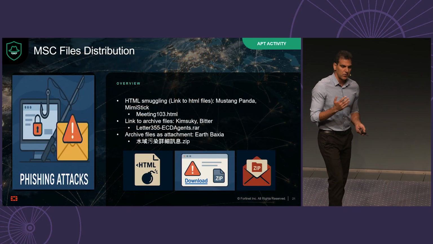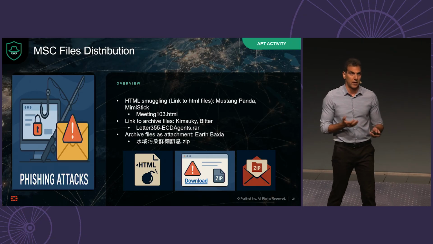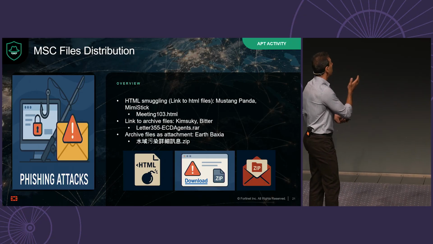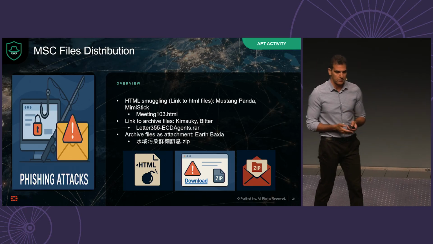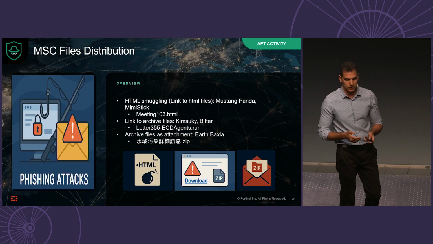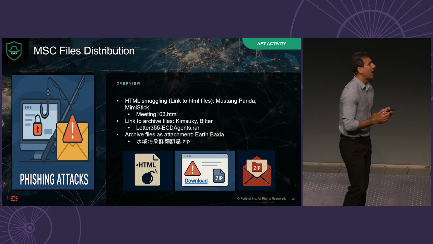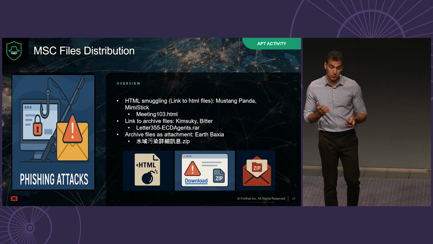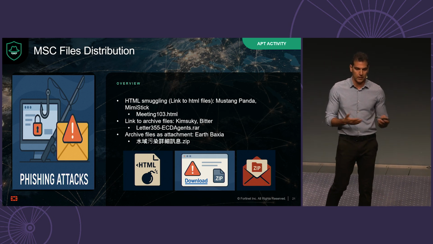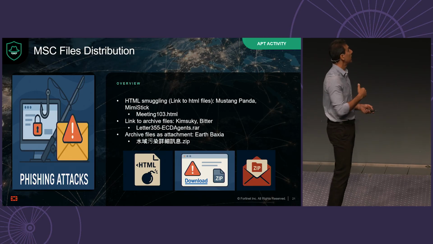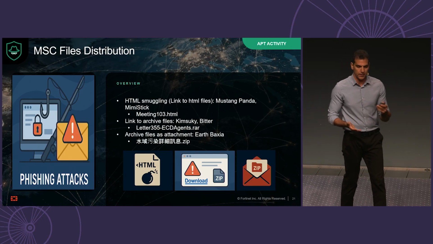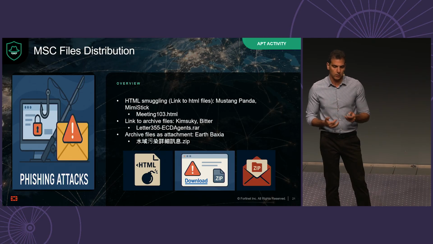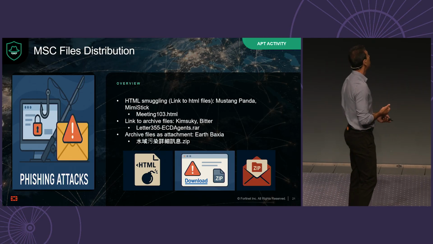This slide shows the different methods used to distribute MSC files. We observed 3 main methods. Some threat actors, such as Mustang Panda and Mimiastic, used HTML smuggling to distribute MSC files. They embed a link to an HTML file in the phishing email, and when you open the link, an archive file that contains the MSC file is downloaded.